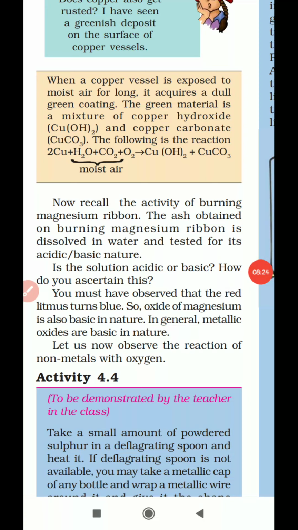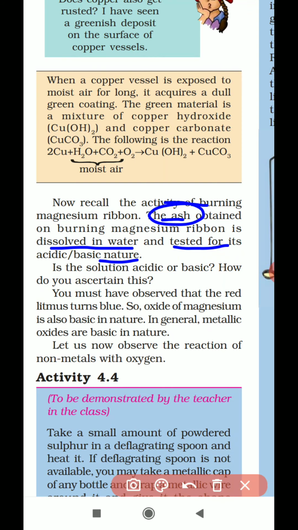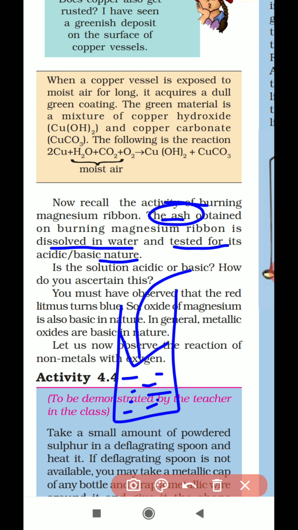The ash I obtained after heating the magnesium ribbon, if I dissolve that ash in water and test its nature, in the sense when I dip the red litmus paper, so for example I'm taking a test tube. In that test tube I added water. To that water I am going to add the ash which I obtained on burning the magnesium ribbon.